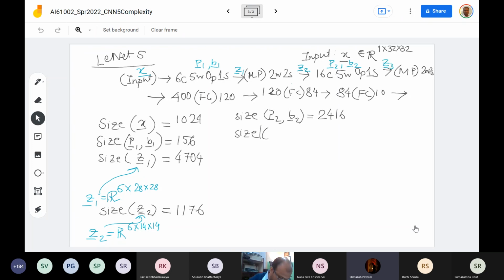What is my size of Z3? 1600. Now from there I will get Z4. What is the size of Z4? 16 cross 5 cross 5, which is 400.